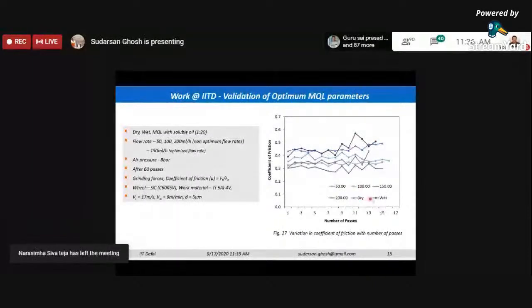Of course, under dry condition you have the maximum coefficient of friction, but with MQL, especially with 150 milliliter, the coefficient of friction values have come down. The experiments here were not performed with nanofluids; they were performed with soluble oil. But similar experiments can be performed with nanofluids to obtain the coefficient of friction. That I will show you later.